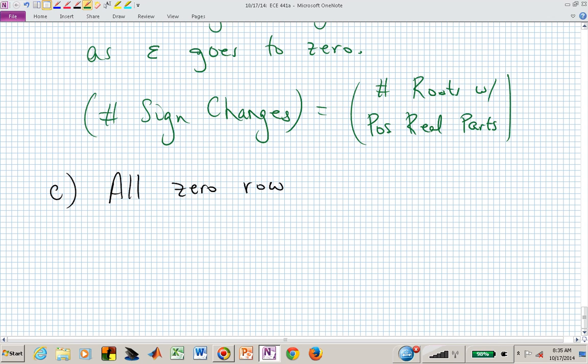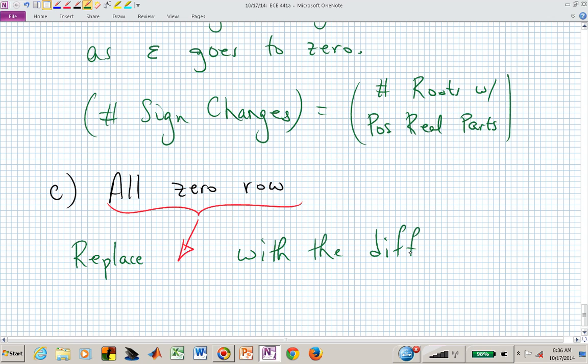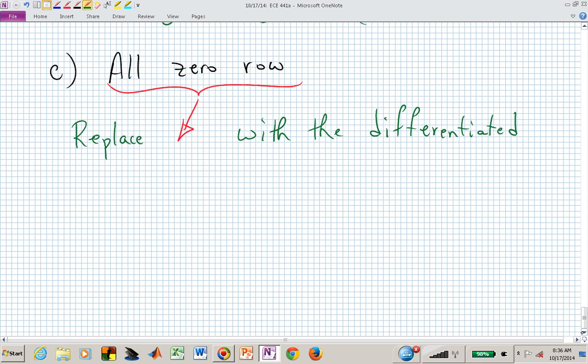If that's the case, what we do is we replace the all 0 row, and this is going to be really interesting, but it will make sense as we go, with the differentiated auxiliary equation. I haven't even defined half of this stuff, but it will become clear.